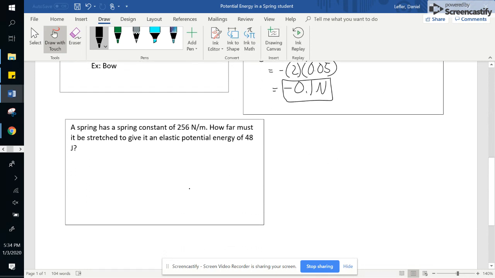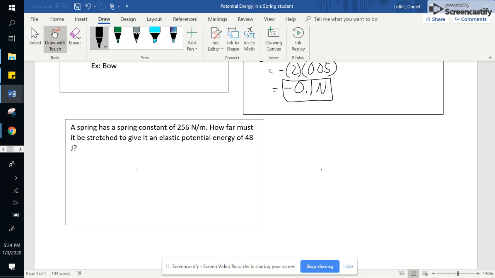With our next example, a spring has a constant of 256 newtons per meter. How far must it be stretched to give you the elastic potential energy of 48 joules?